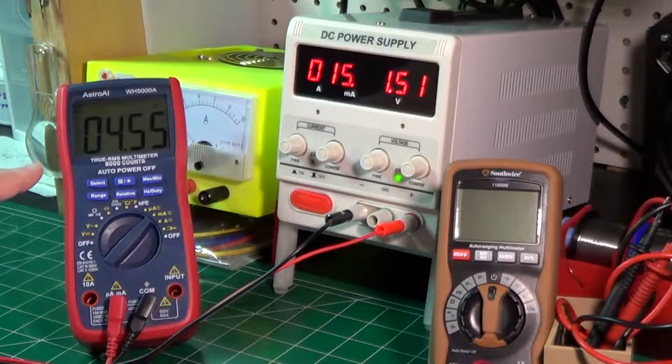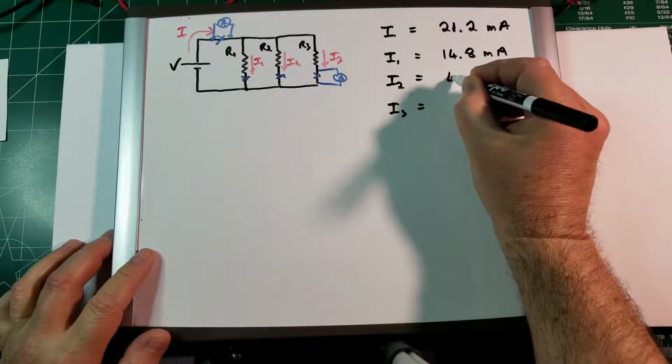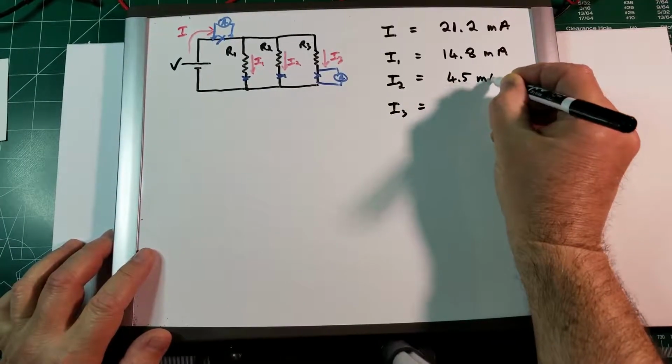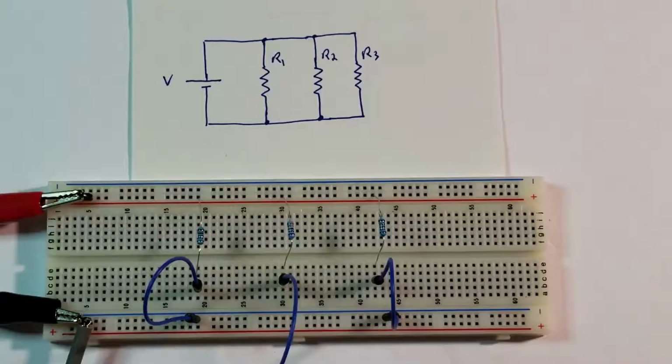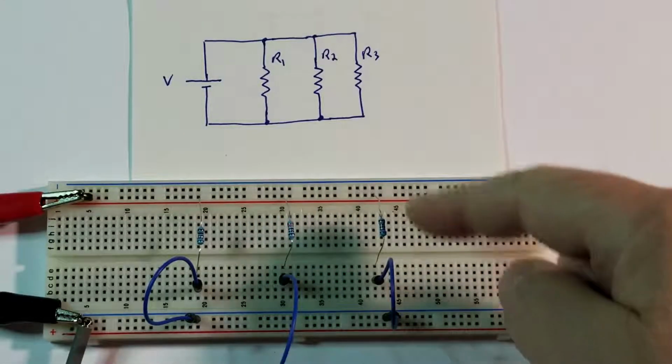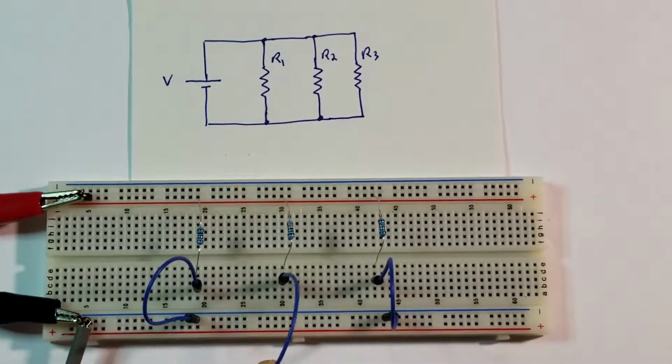Let's see the value. It is about 4.5 milliamps. Let's write down this value too. 4.5 milliamps. Okay, now finally let's measure the current on the third resistor. I'm going to do the same thing.